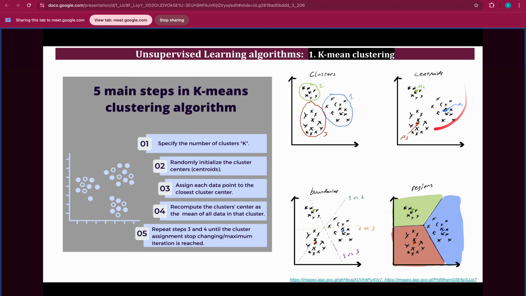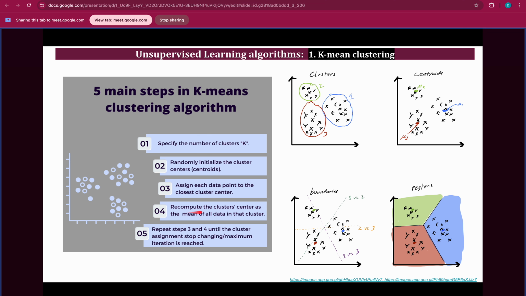So firstly you will take the center points randomly, then you will calculate the distance to all the data points, as we can see in step 3: assign each data point to the closest cluster center. As you have decided center points, now you will calculate the distance of all other data points from the center which you have decided.